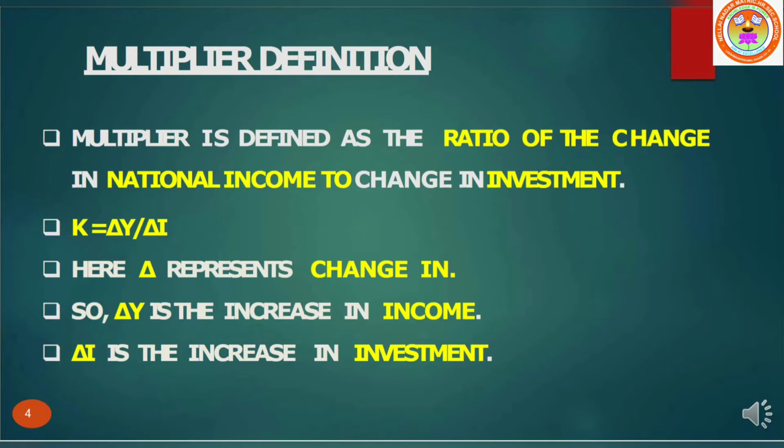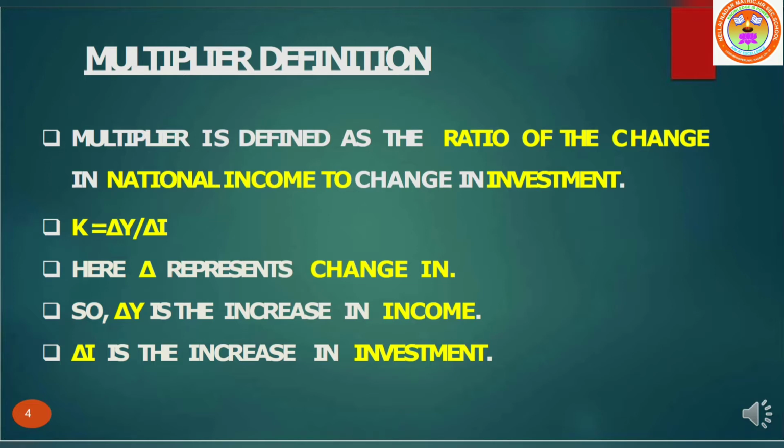Symbolically, we can say K equal to delta Y by delta I. Here delta represents change in, Y represents income, I represents investment. So delta Y, change in Y by change in I, is called as multiplier.